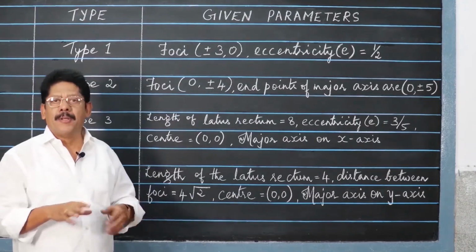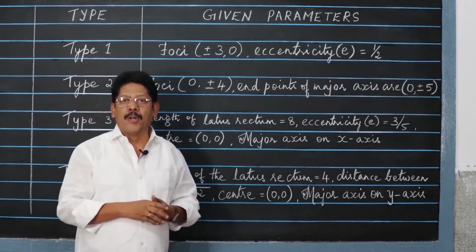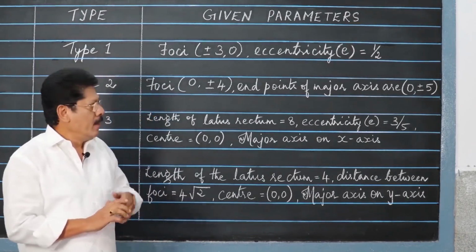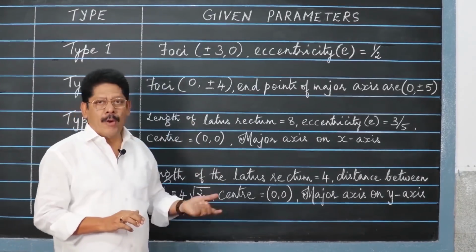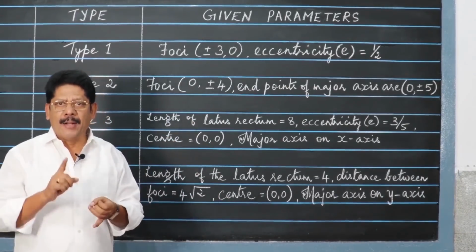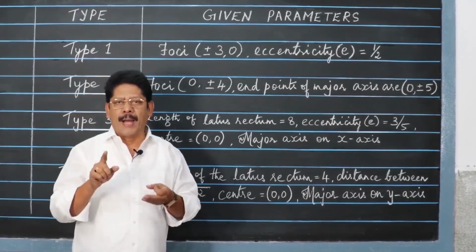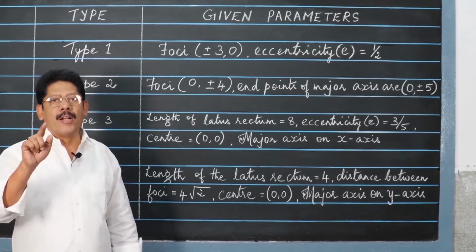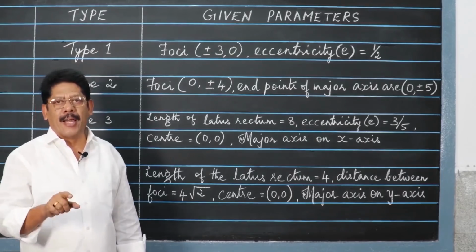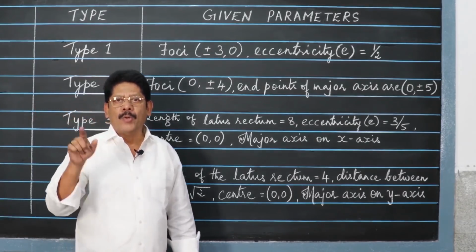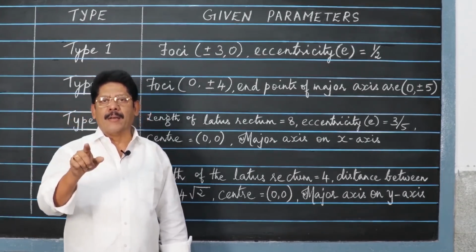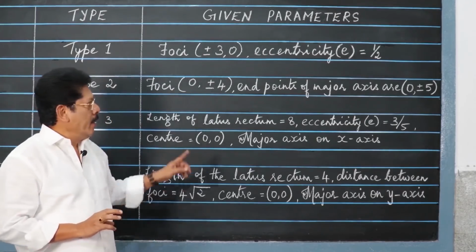But here in this problem, it is very clear that the center is equal to 0, 0. Now, you have calculated a squared, you have calculated b squared, and you also know h comma k, the coordinates of the center, which is 0, 0.